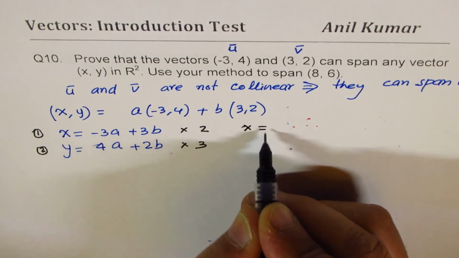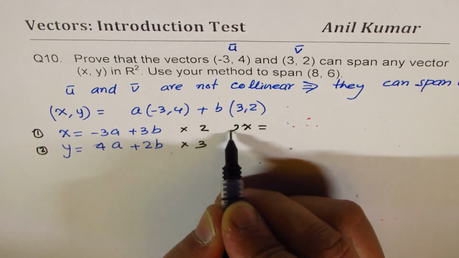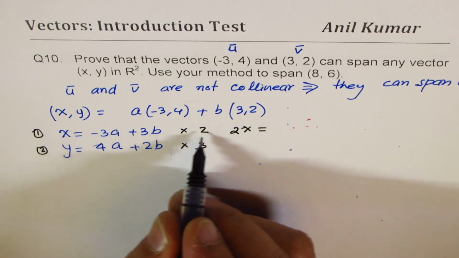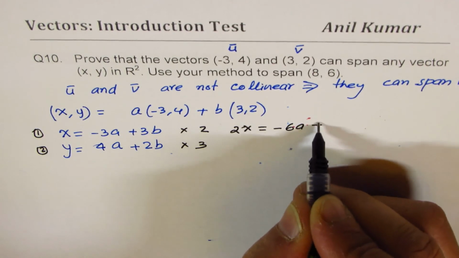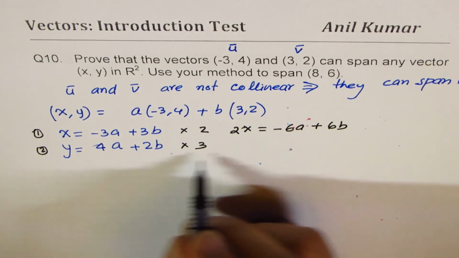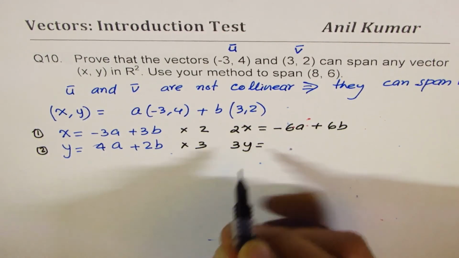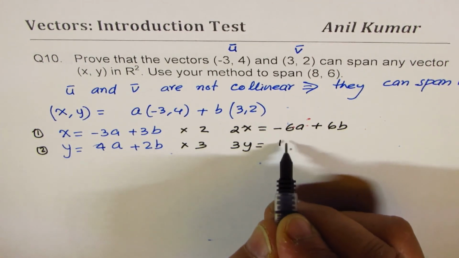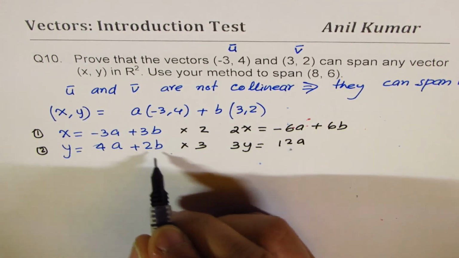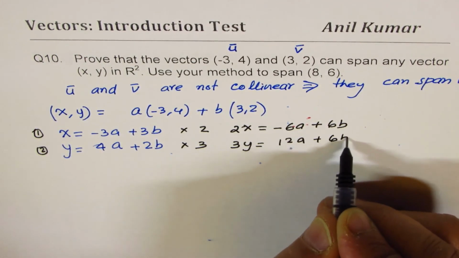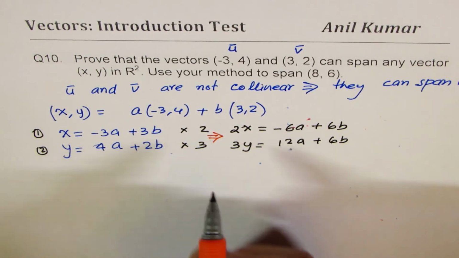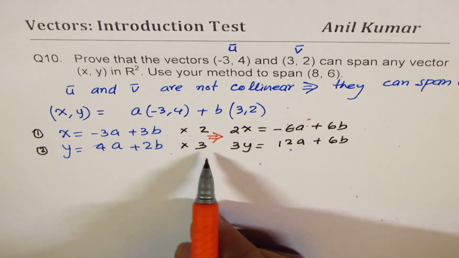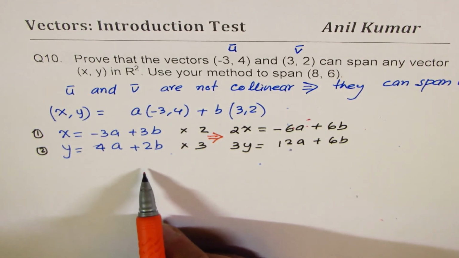When I multiply by 2, it becomes 2x equals -6a plus 6b. And this equation becomes 3y equals 3 times 4 is 12a plus 6b. Correct? So that is what it results in when you multiply the first by 2 and the second equation by 3.